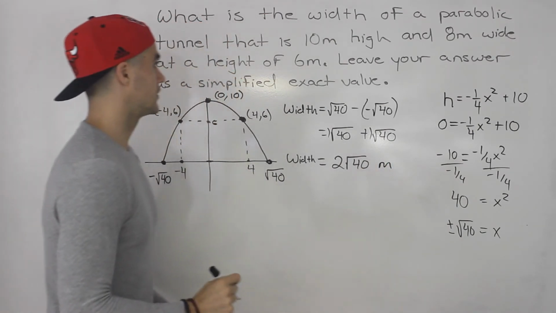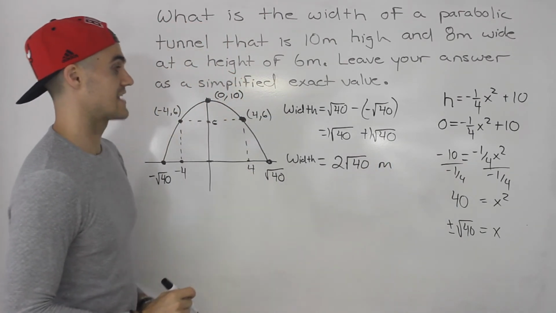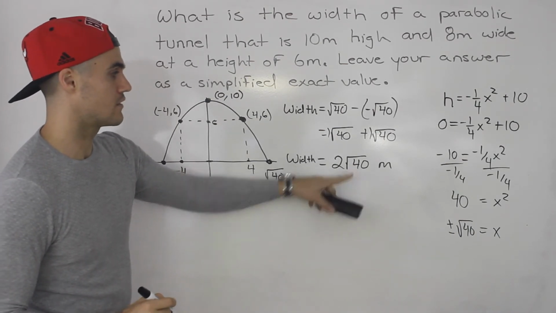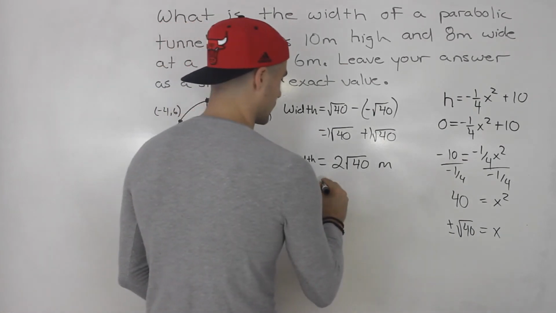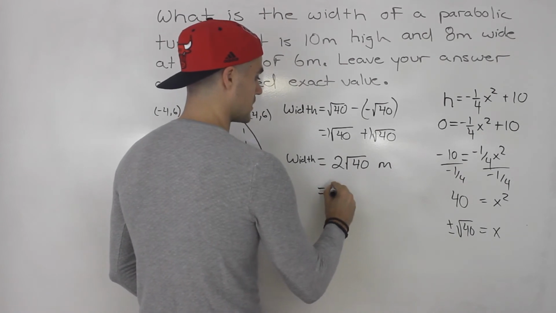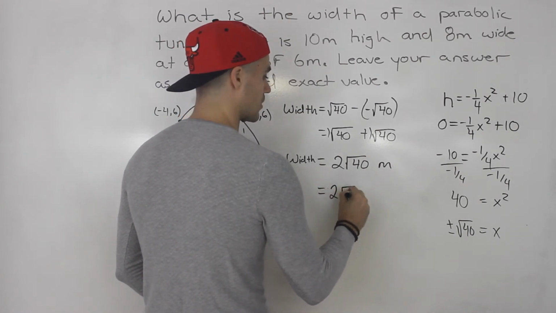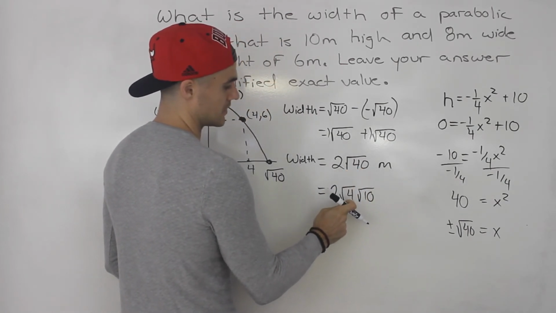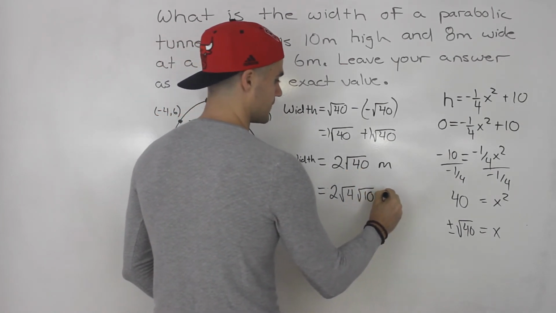However, they want your answer as a simplified exact value. So we have to simplify this radical a little further. And 40 is actually divisible by 4, which is a perfect square. So root 40, I split up into root 4 times root 10.